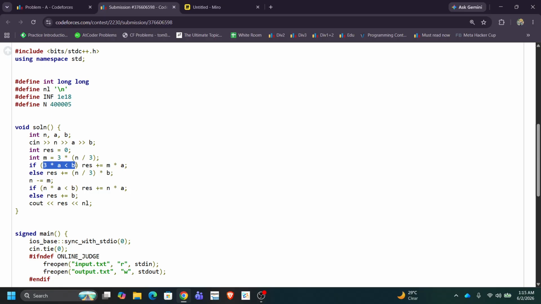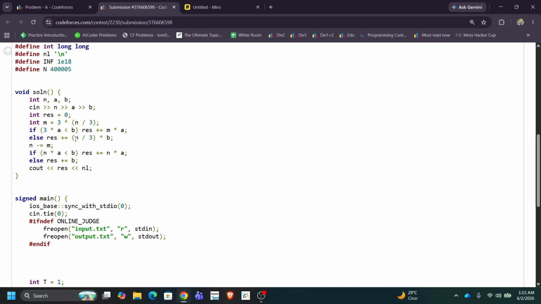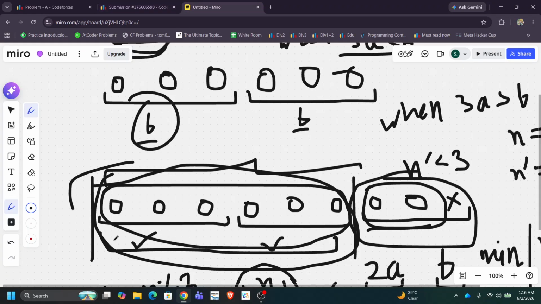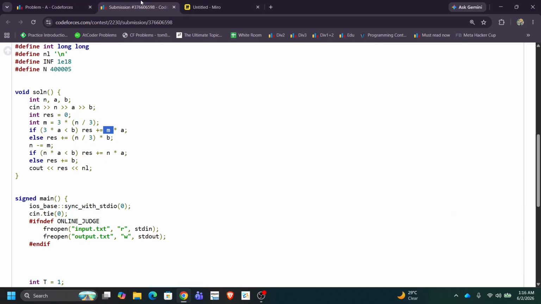If 3a is less than b, we can assign them courses individually, so the result will be m times a. For all the m students in the first part, each of the students costs a units, or each of the groups costs b units.